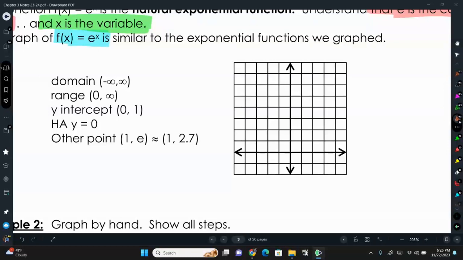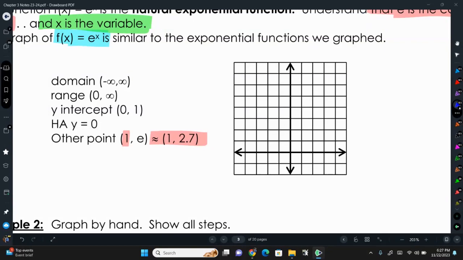The only difference is now that for that other point, we want to try to make the exponent equal to 1. That way we have the point 1, 2.7 on the graph. Like I said, sometimes we won't be able to do that, but that's just what we want to try to do to make graphing a little bit easier.